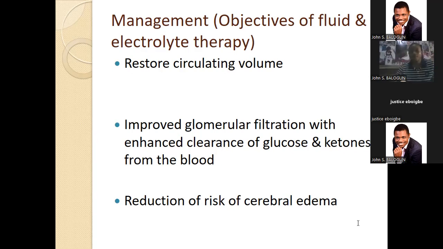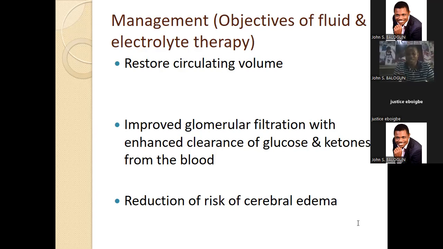Okay, sorry. We'll talk about the risk of cerebral edema, because when you correct too rapidly, the cells will absorb all of those fluids very rapidly, and then the cells will swell up, and then you see cerebral edema, and that can be very devastating.